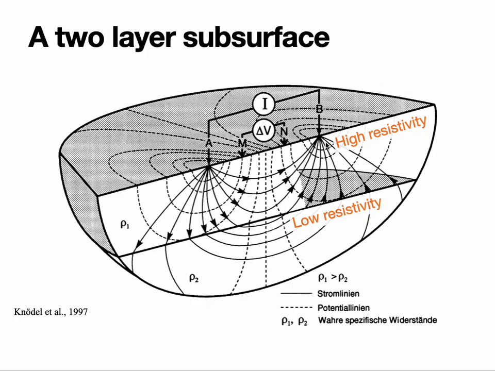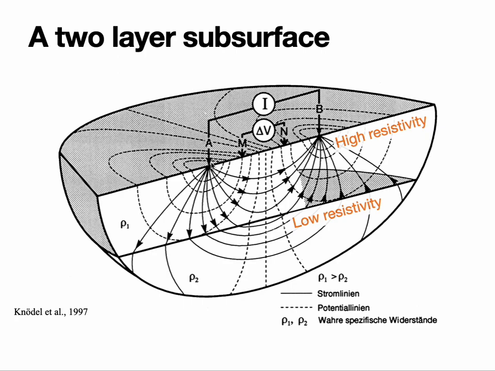And there is an apparatus which has been disposed here. 2 electrodes, A and B, are electrodes which are used to inject a current within the subsurface. A second set of electrodes, M and N, are used to measure the difference in voltage. These are used to measure what's called the potential or the electrical field.